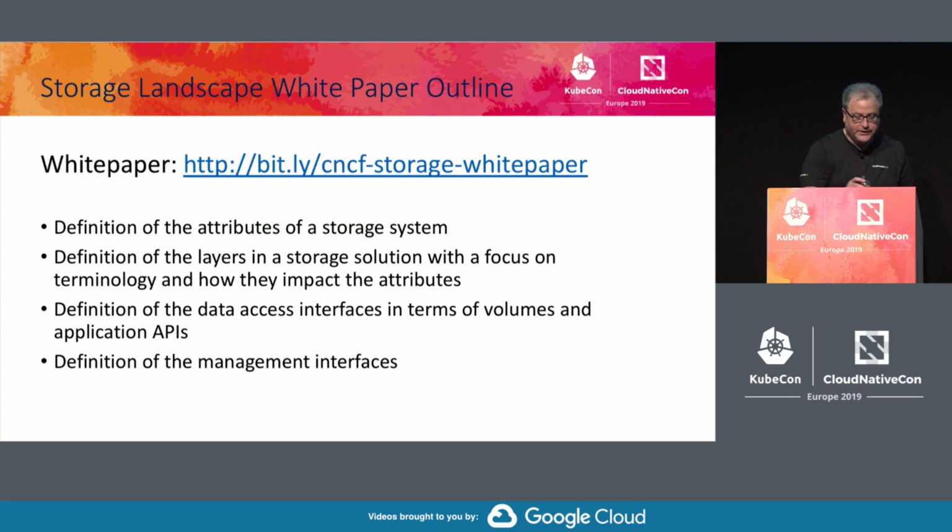So we talked a little bit about how we can help provide information to the community. One of the things that we worked on last year and published the draft of back at KubeCon Seattle was the storage landscape white paper.